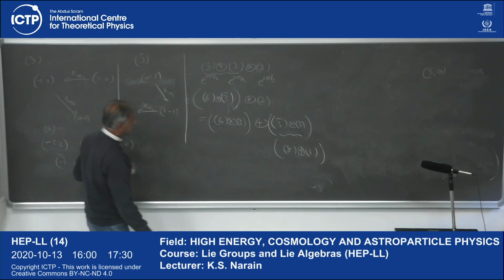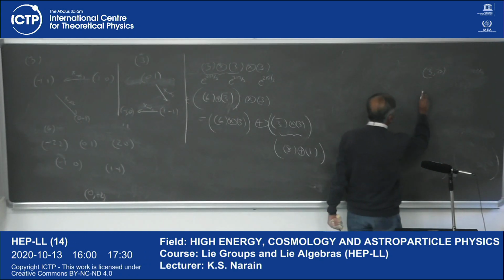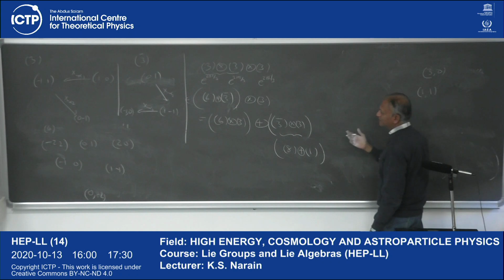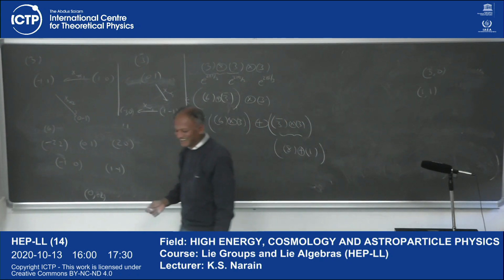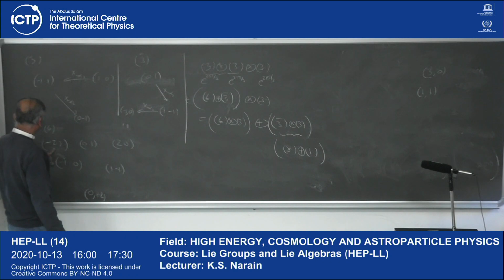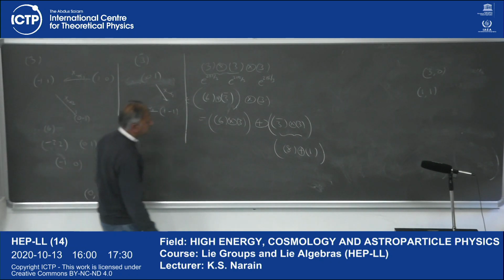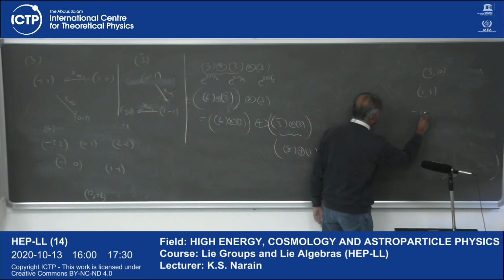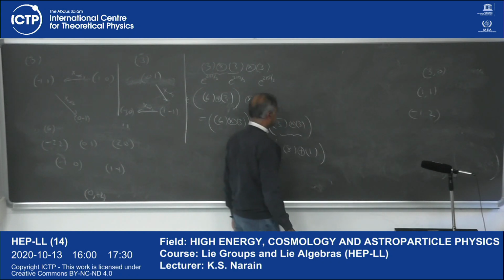You get here 1, 1. Now this will be a mess. 1, 1. What else? So 1 minus 2, so it's minus 1, 2. Minus 1, 2. 2 minus 1. Ah, good.